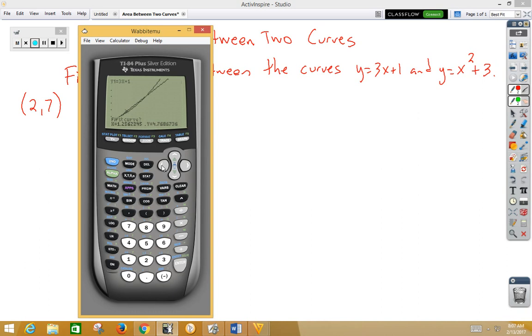I'm sorry, my shadow is covering my hand, so I have to go a little slower here. Once I'm on the left, I hit enter, and then I definitely want to go to the right, but not too far right, because I don't want to get too close to that other intersect point. Hit enter. I don't want to guess. Let my calculator do the work, and it's 1, 4.